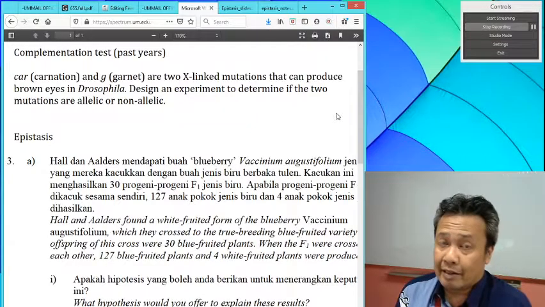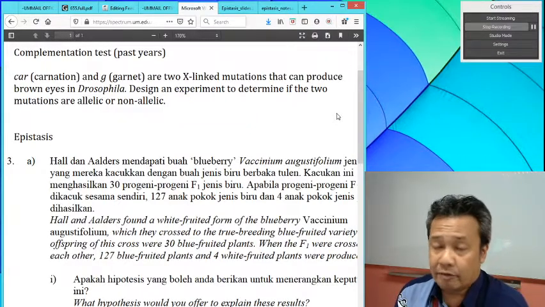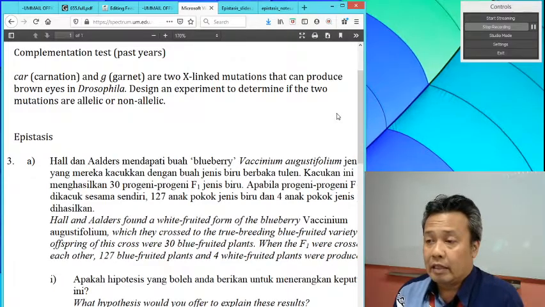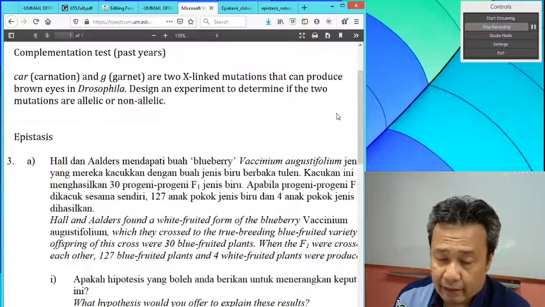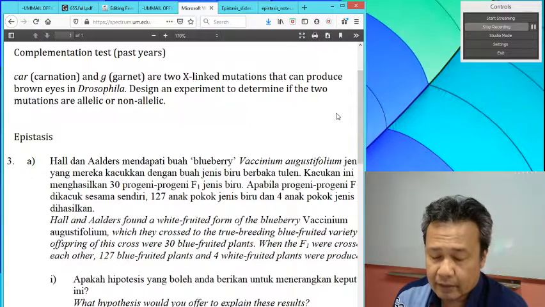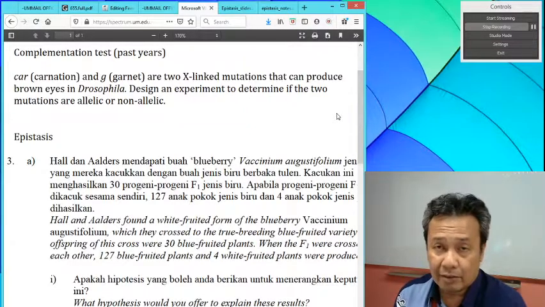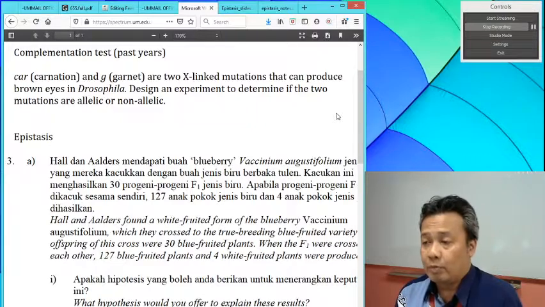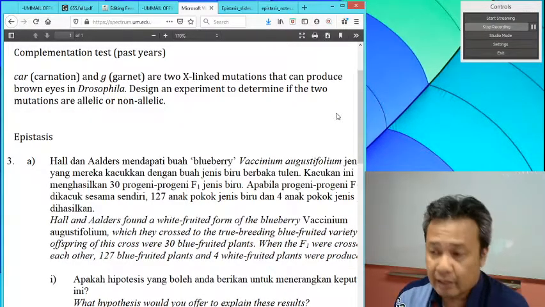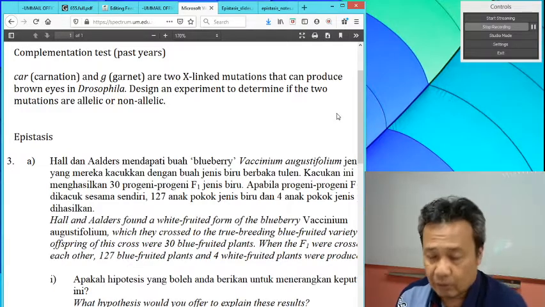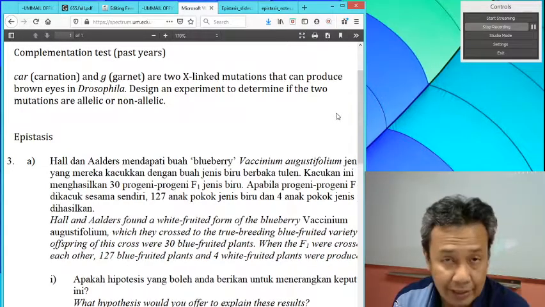You look at the phenotype, in which the cis heterozygotes serve as control. If they are allelic, that means they are one gene, it will show wild type.